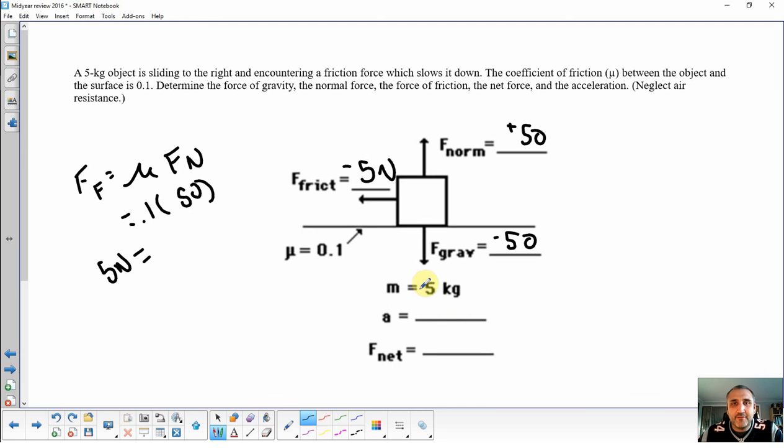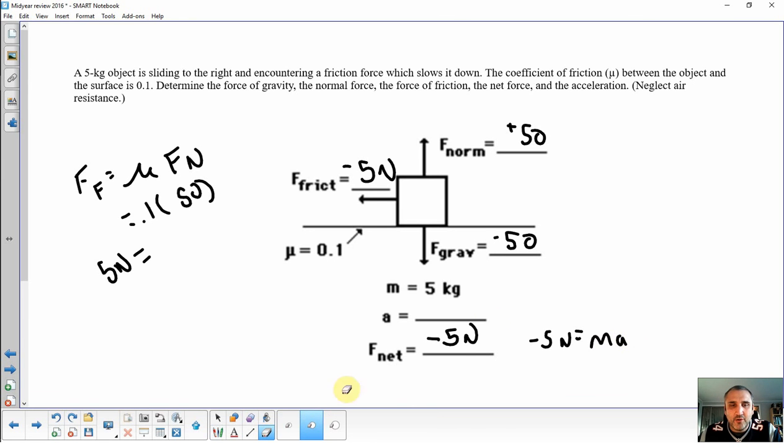And now the net force, because up and down cancel out, there's nothing going to the right. The frictional force is the net force. So if we know the frictional force and there's nothing counteracting it, the frictional force is the unbalanced force working on the object. So that's going to be negative 5 newtons for the net force, and negative 5 newtons equals the F net, which equals ma.